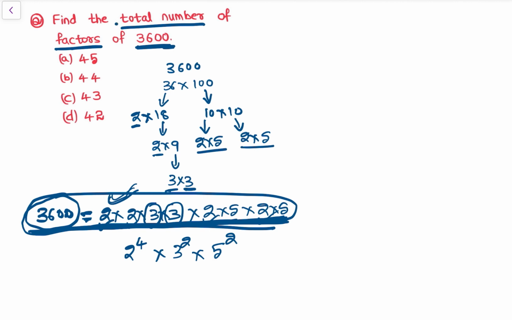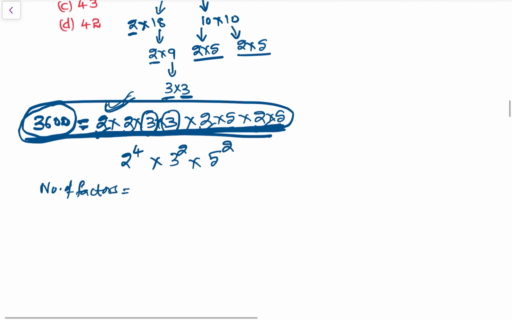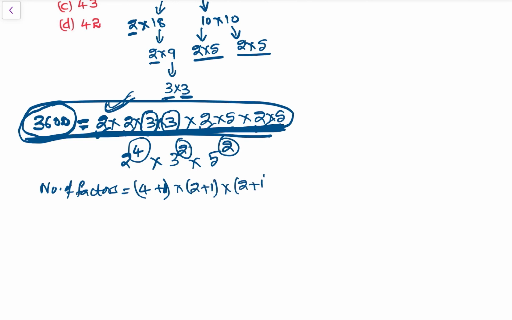Now what to do to get the total number of factors: the number of factors is equal to 4 plus 1, since 2 is to the power 4, that is 5, into 2 plus 1 into 2 plus 1, that is 3. So 5 into 3 into 3, that is 5 3s are 15 and 15 3s are 45.